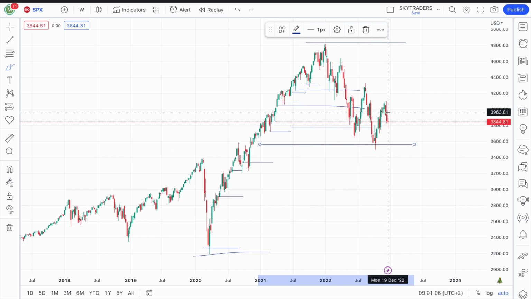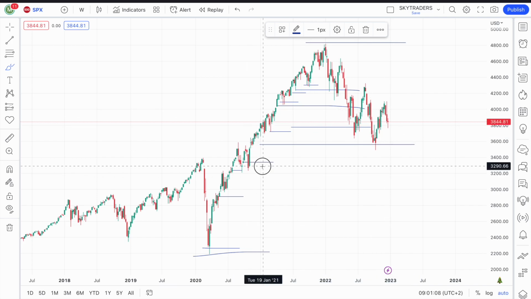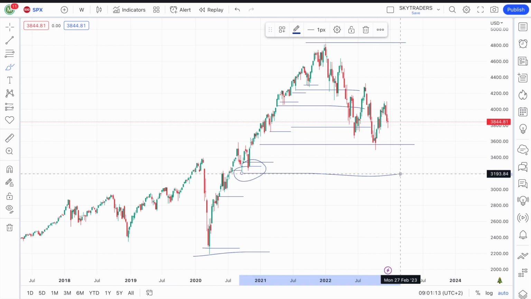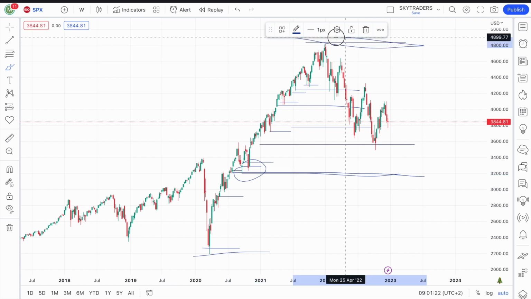Now, if we do another lower low, this is going to be our next target, right? On the lower scale, this is the next trading range if we are continuing in the downtrend. So it's really important to focus on what our next target is.